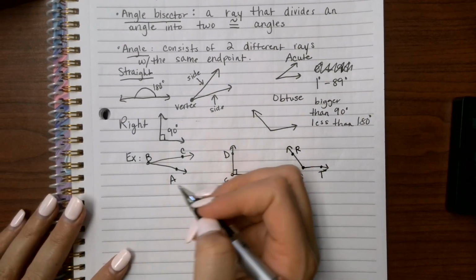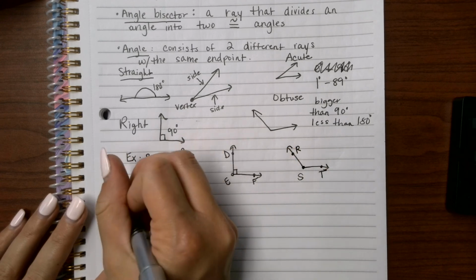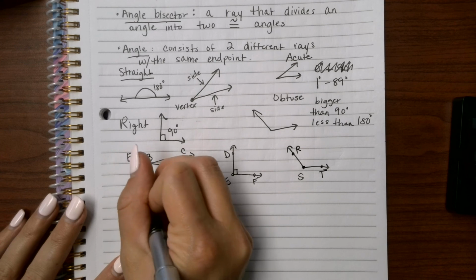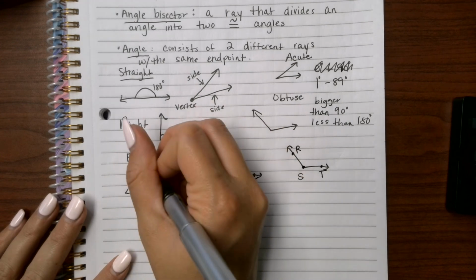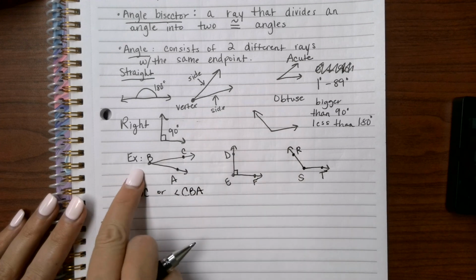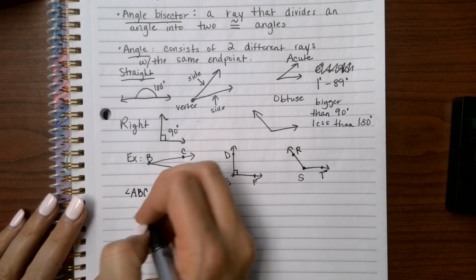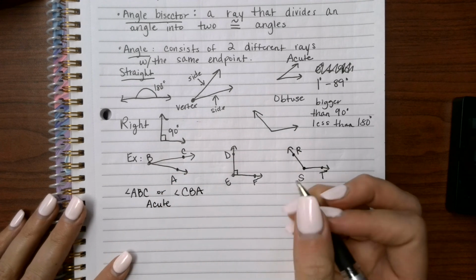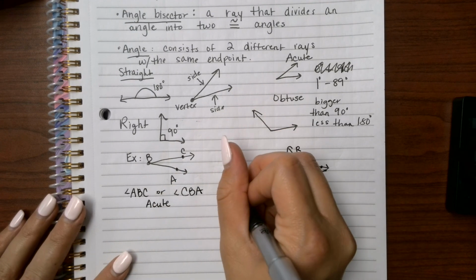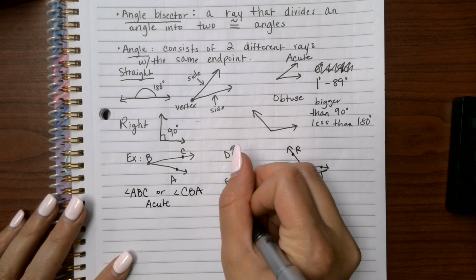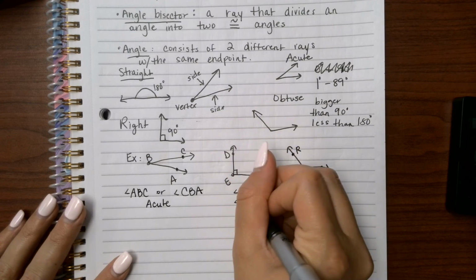Okay, so this can be called angle ABC or CBA. The vertex has to be in the middle though. And it is an acute angle because it is less than 90 degrees. This can be called angle DEF or angle FED.